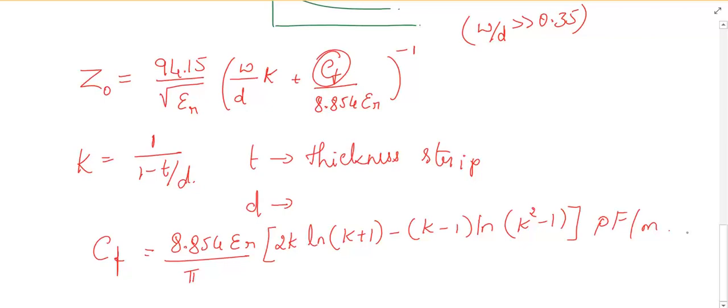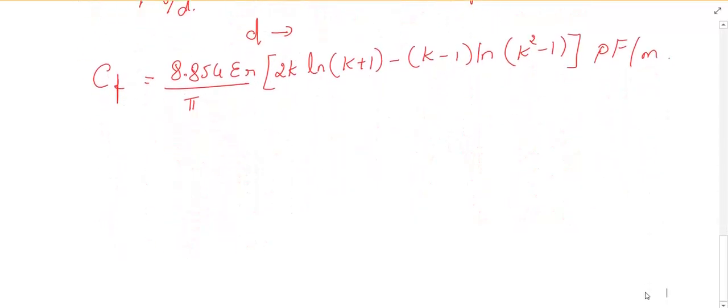So that's all about the different types of strip lines here. We have seen all the types of strip lines, starting from the microstrip line, and then the parallel strip line, and next the coplanar and the shielded.